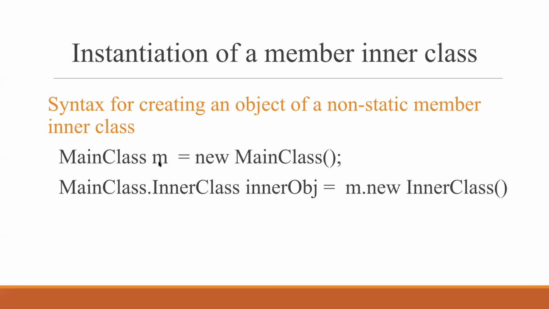After creating that object, you create the object of the inner class using this object. And look at the syntax. You have to put the name of the outer class, main class, then dot, the name of the inner class, then the object name, which is equivalent to the object of the outer class, then dot new, the name of the inner class.